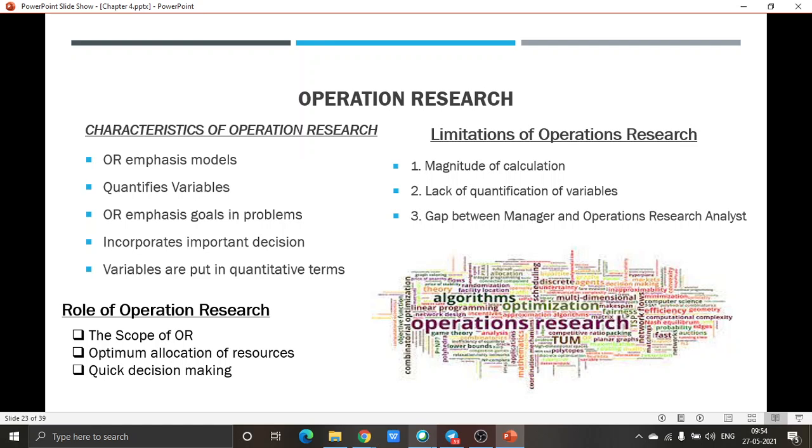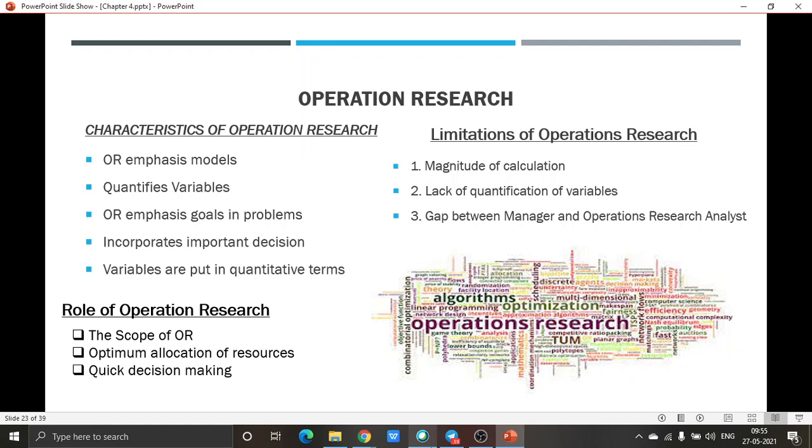The next one, we shall see some of the roles of operation research, or rather how this operation research helps in decision making when it comes to an organization, any kind of organization. Now, as we discussed earlier, this operation research has been developed mainly with the aim of solving the problems of complex decision making.